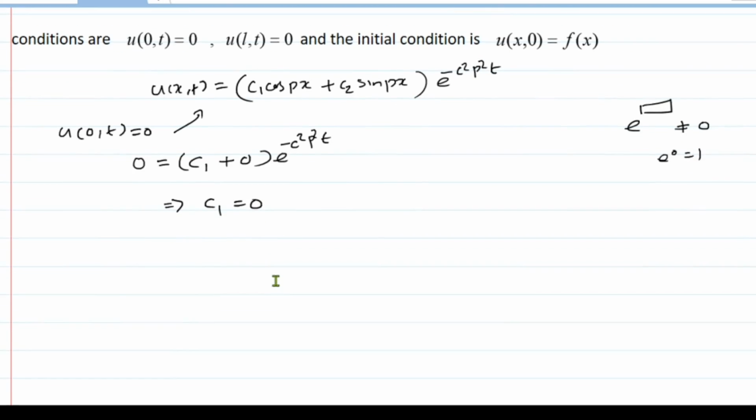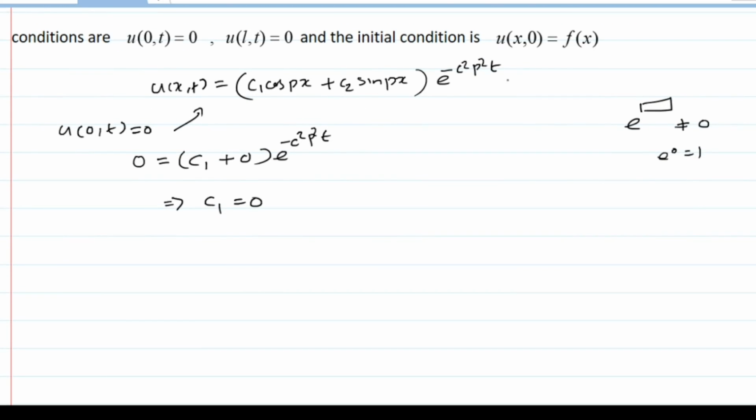Now we substitute that in the previous equation, equation number 1. So we get u(x,t) = c2 sin px e^(-c²p²t).